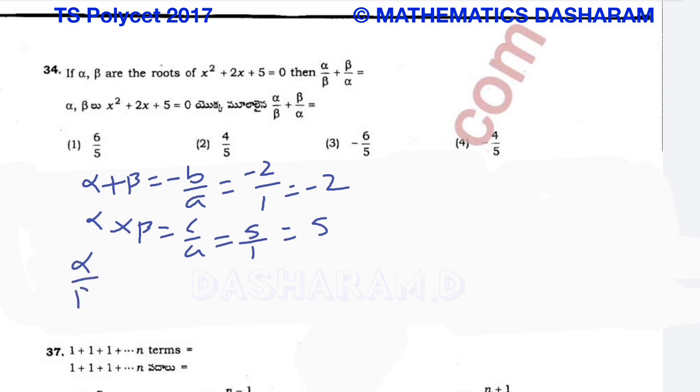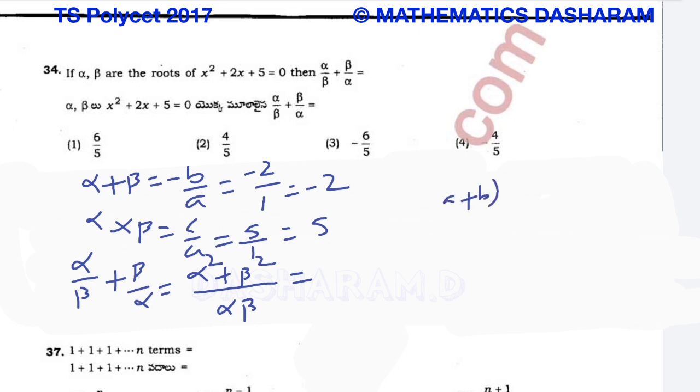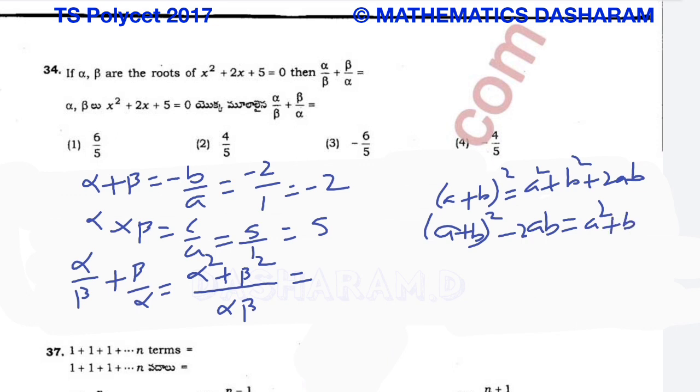Now the required answer is alpha by beta plus beta by alpha. So let's take the LCM. So here alpha into beta, and then here alpha square plus beta square. See here, what is the a plus b whole square formula? A square plus b square plus 2ab. From this, a plus b whole square minus 2ab equals a square plus b square.